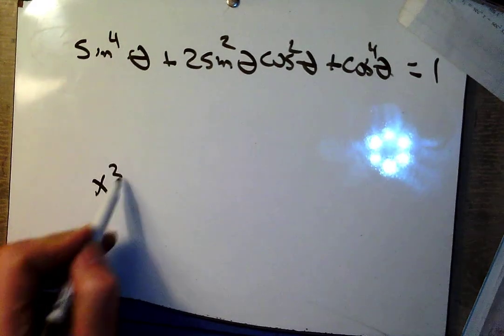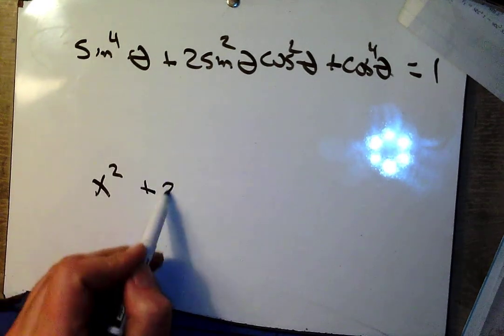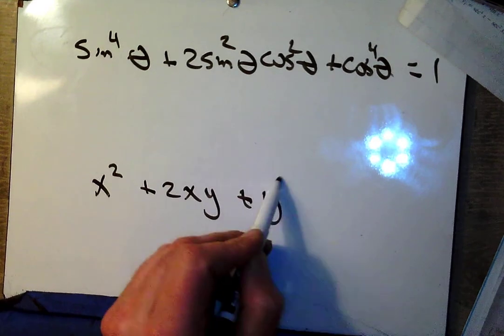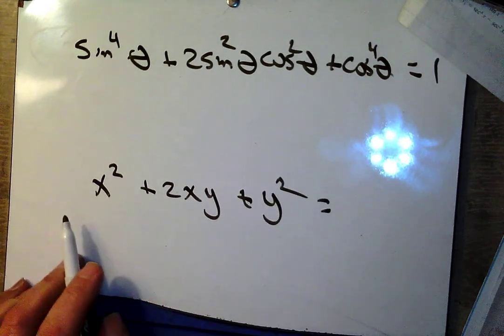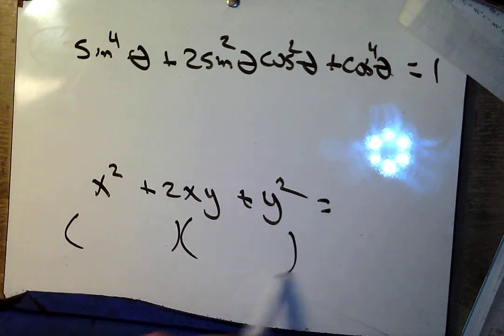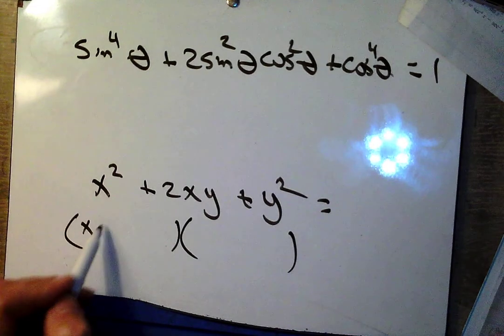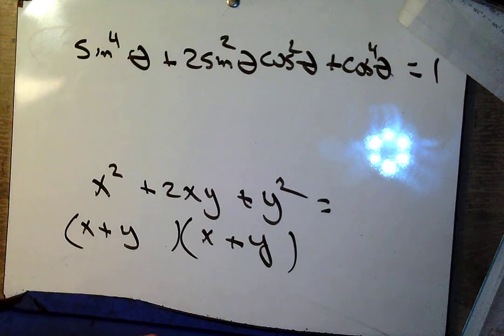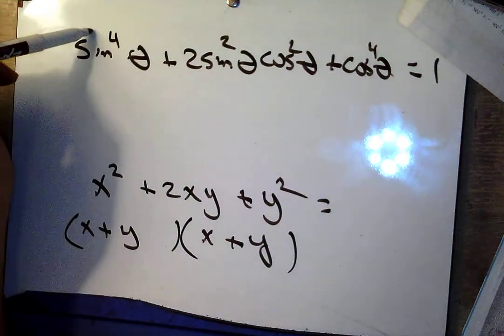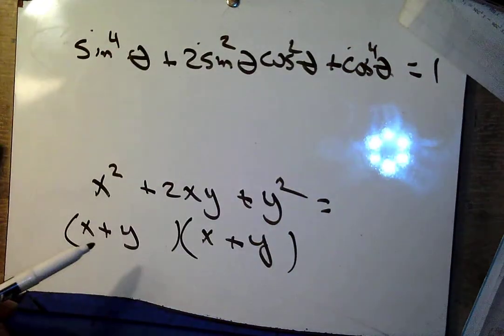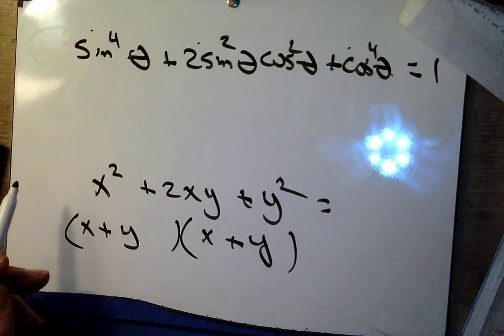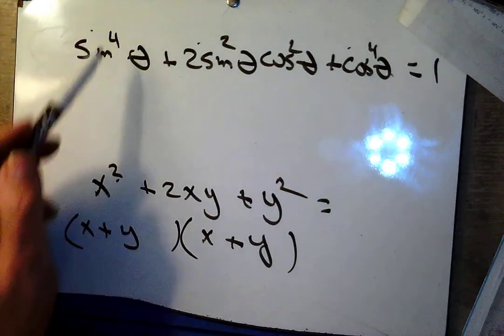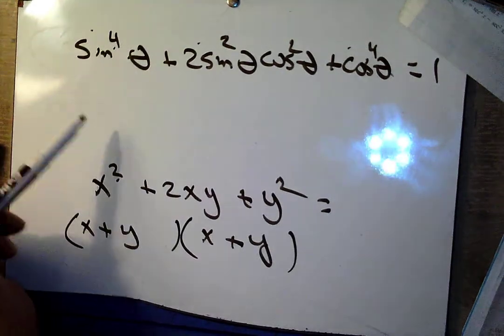What if I gave you x squared plus 2xy plus y squared? Could you factor that? Wouldn't that be x plus y, x plus y? Well, guess what? I have that same structure here. Instead of x squared, I've got sine to the 4th.